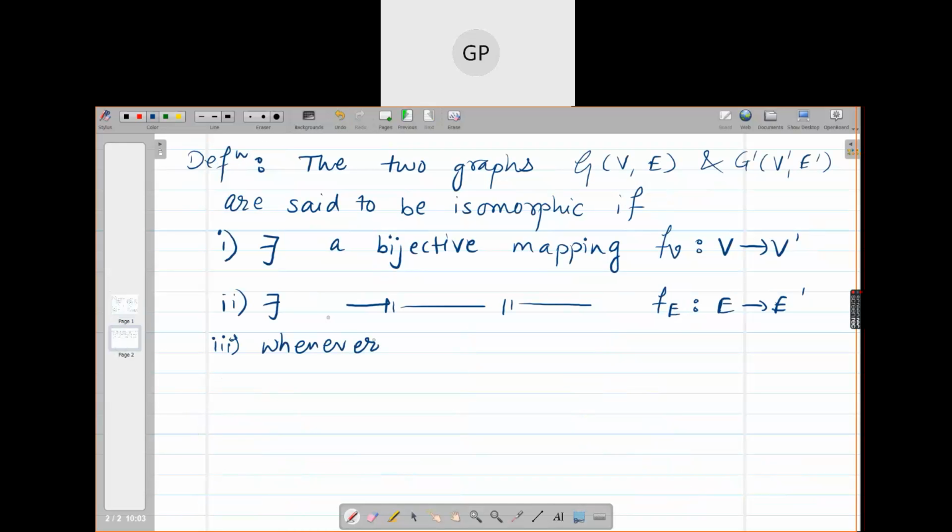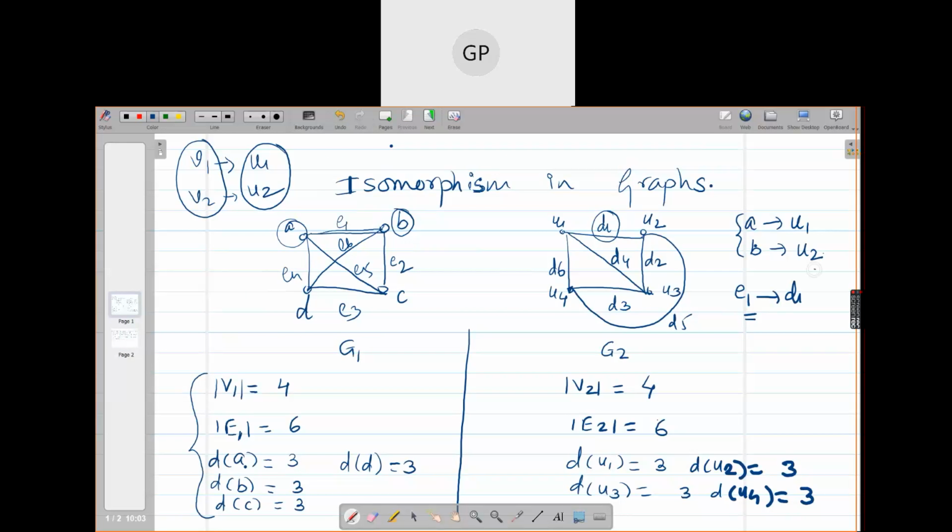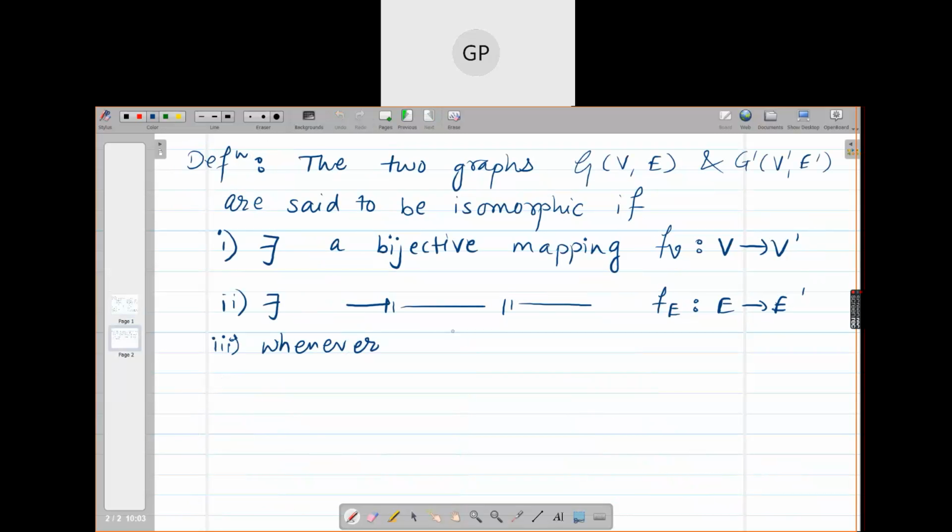Now, once you define this mapping, if you find that A and B are adjacent, then U1, U2 must be adjacent in G2. Then only this mapping is defined. Otherwise, you cannot map A to U1 and B to U2.